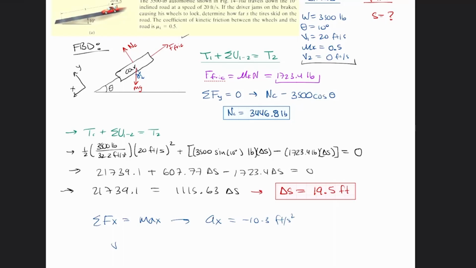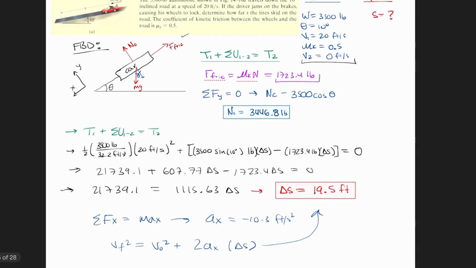And then using the kinematic equation, vf squared equals v naught squared plus 2 times a x times the change in distance, we would have been able to figure out the same distance. But notice I did all of that in one equation as opposed to using these two equations.